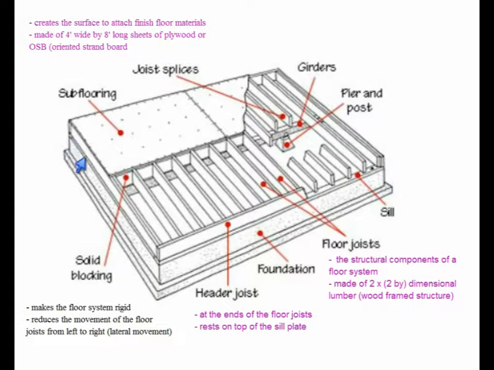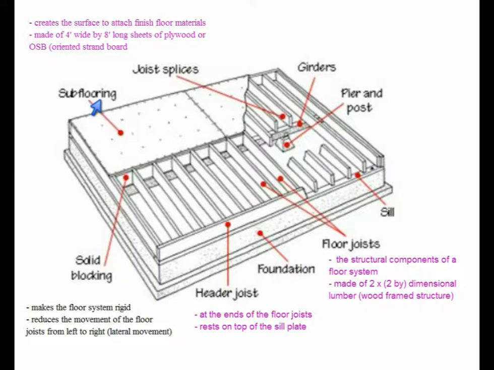The joists that run along the perimeter of the building and run parallel to the floor joist are called rim joists. The header joist and the rim joist are attached to the sill plate.